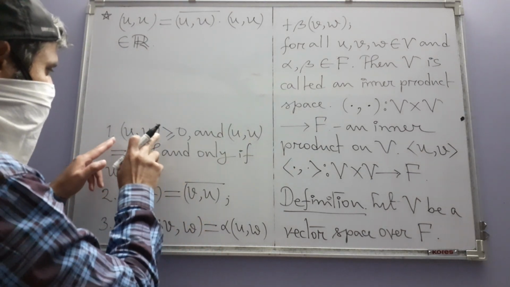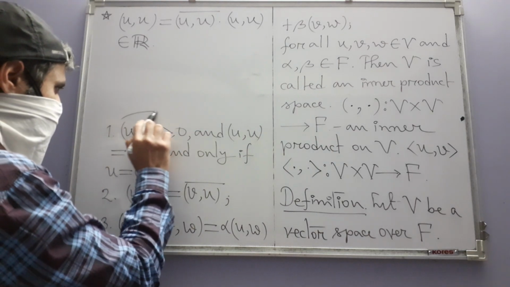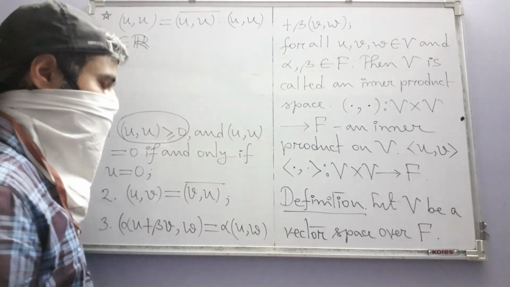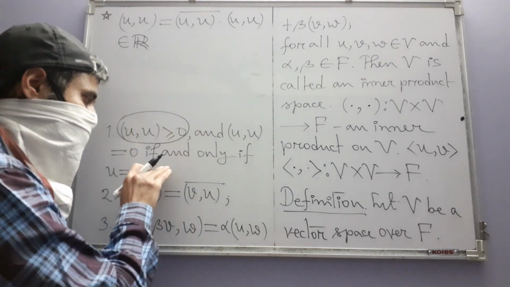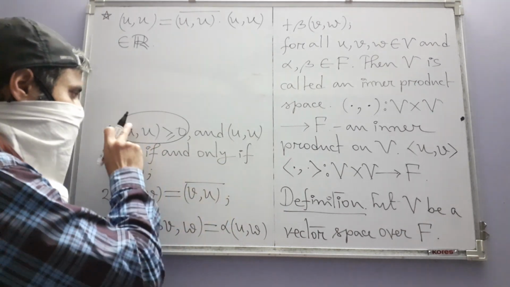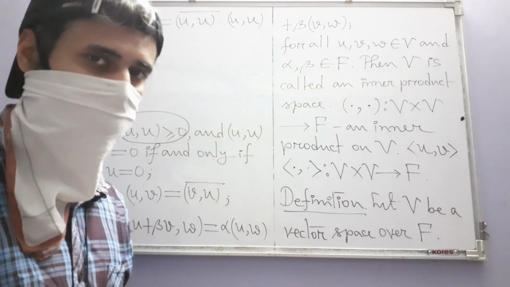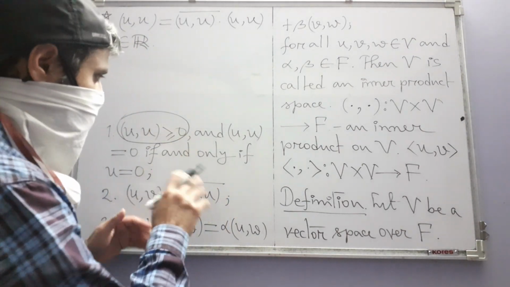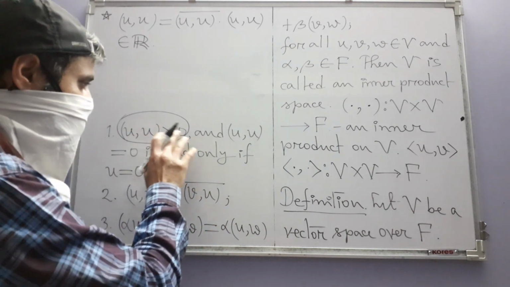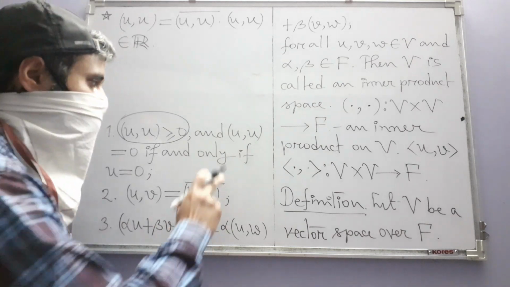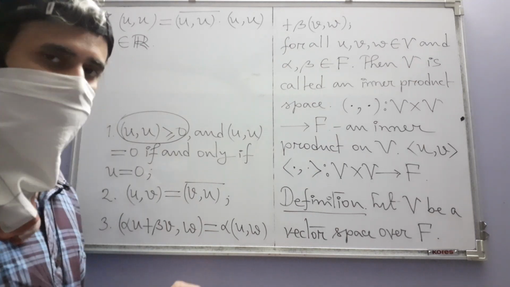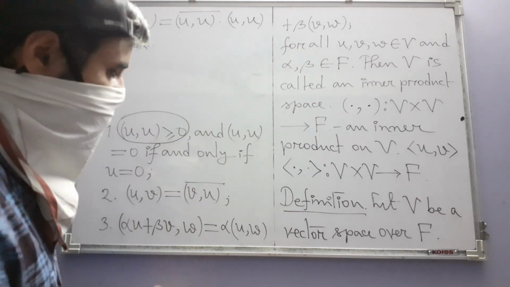And so it makes sense to say that that real number is non-negative. So although we start with property 1, it in fact is a consequence of property 2 that this U comma U is already a real number. Now what extra is property 1 saying about U comma U? Namely that it's a non-negative real number, and further it is equal to 0 only in the case when U is equal to 0.